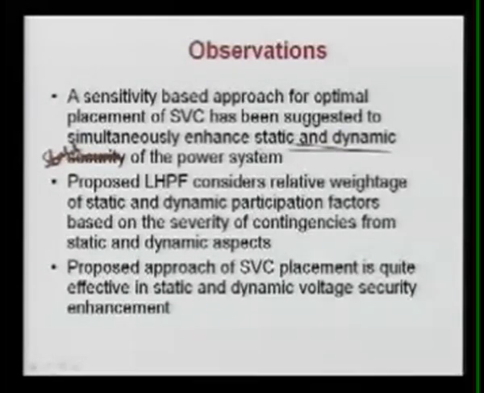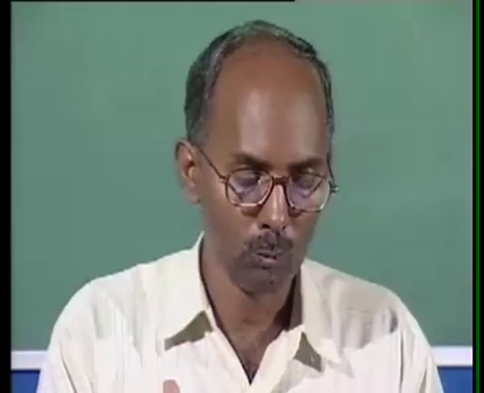If you consider only static criteria, your location will be different. If you consider the dynamic, then your location will be different. To have one common location for both static and dynamic stability improvement, we can have a hybrid, with some weight factors for the static and dynamic participation factors.